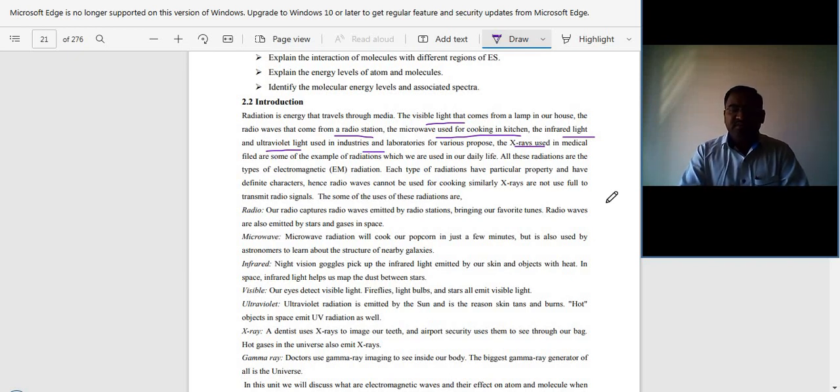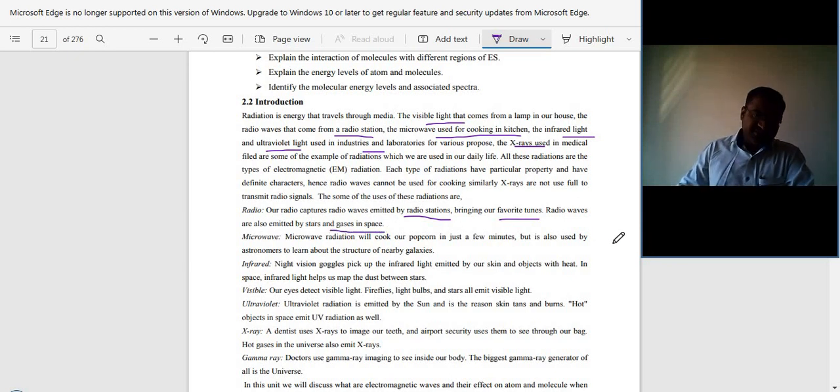Consider that a radio captures radio waves emitted by radio stations, bringing us our favorite tunes. Radio waves are also emitted by stars and gas in space.